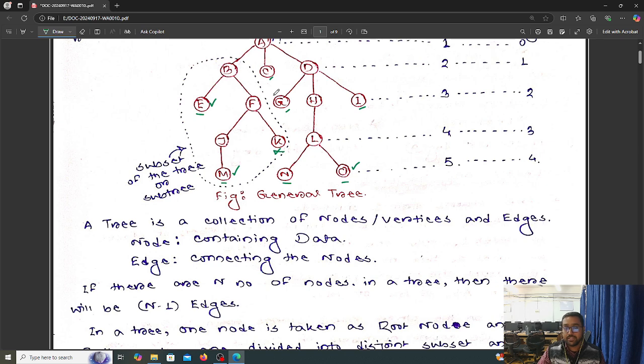See here also, they are not having any further children, so they can be treated as leaf nodes or external nodes. All the other nodes that are having at least one child are treated as internal nodes. So we can say the external node can have degree 0 and the internal node can have degree greater than 0. It can be 1 or more than 1.